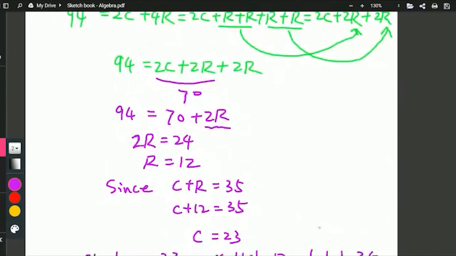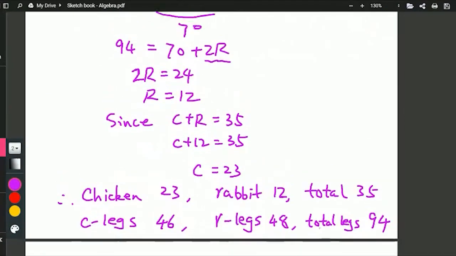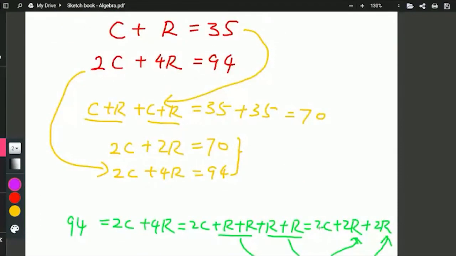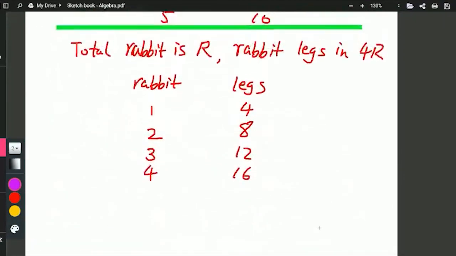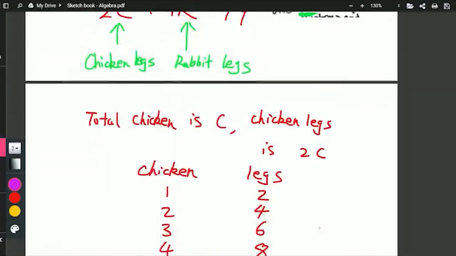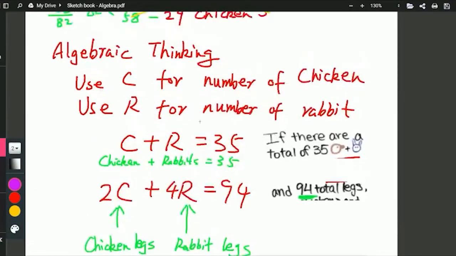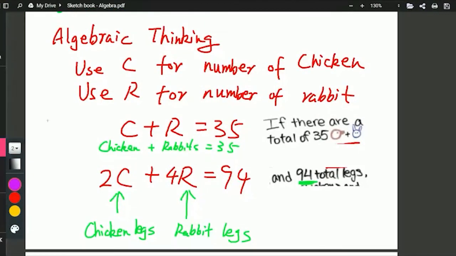If you don't understand this solution part, that's totally okay. We will learn about those skills. But today I do want you to remember how we set up this part.